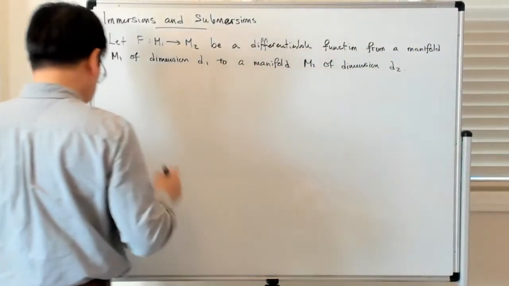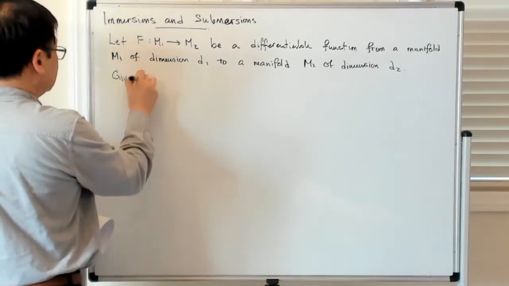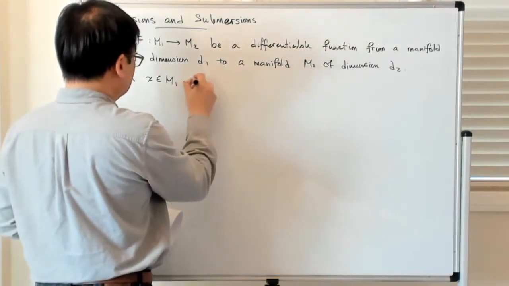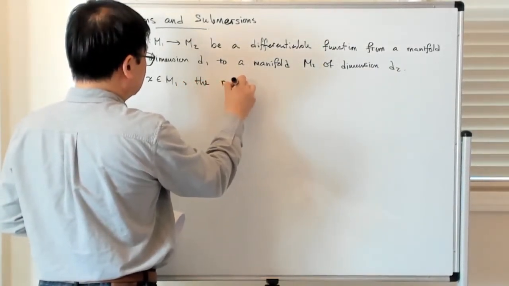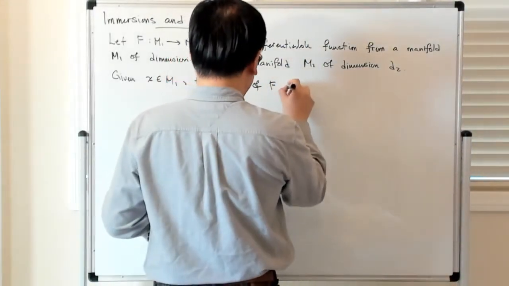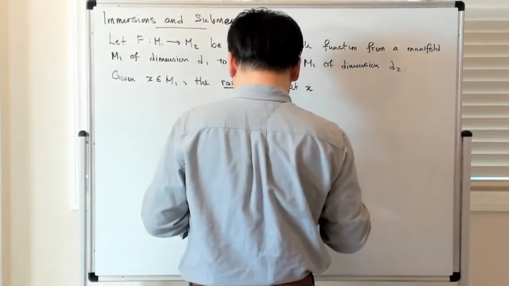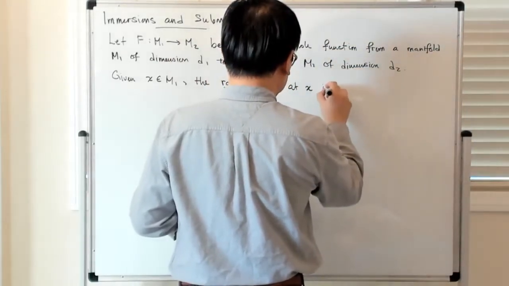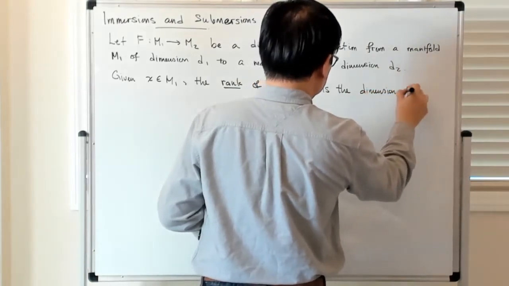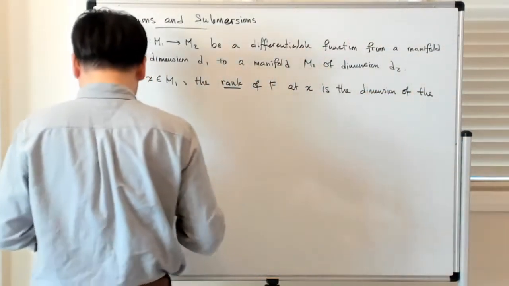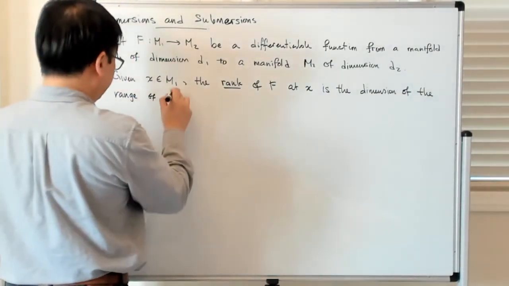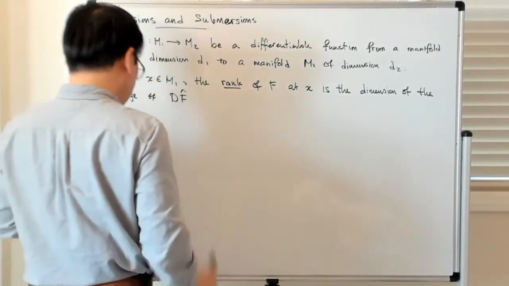Okay, so if you have a point x in M1, then the rank of F at x is the dimension of the range of the linearization, the f hat.